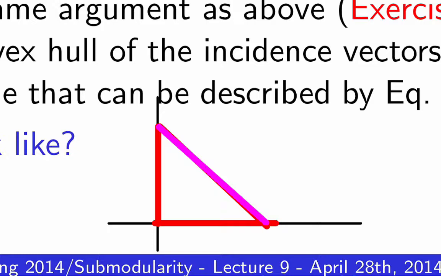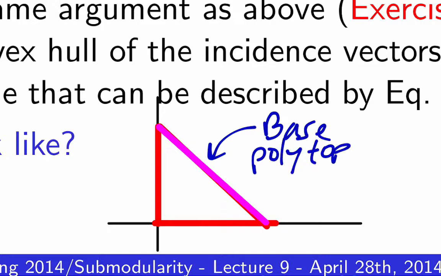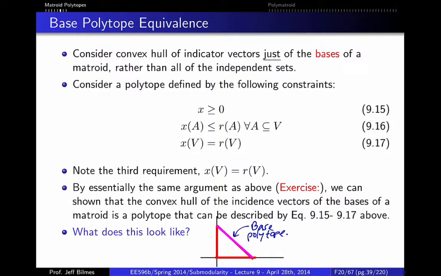So it would just be that face. This is the base polytope. The base polytope is something that we're also going to see when we define polymatroids, and that has a particularly useful thing. But here we're seeing it just in the context of matroids.